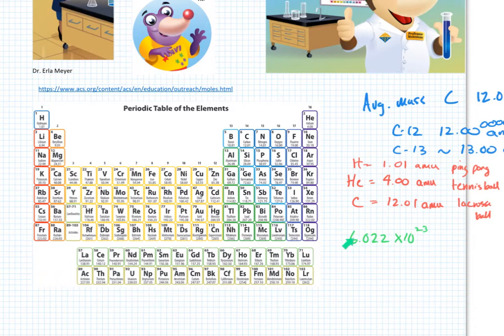I've just picked some crazy number out. Well, it turns out they would still be in a 1 to 12 ratio between hydrogen and carbon. Helium and carbon would still be in a 3 times lighter ratio, and carbon would still be 2 times lighter than magnesium if we happen to have 6.022 times 10 to the 23rd of these. So this magic number, as I'm sure you're all aware, is called Avogadro's number.